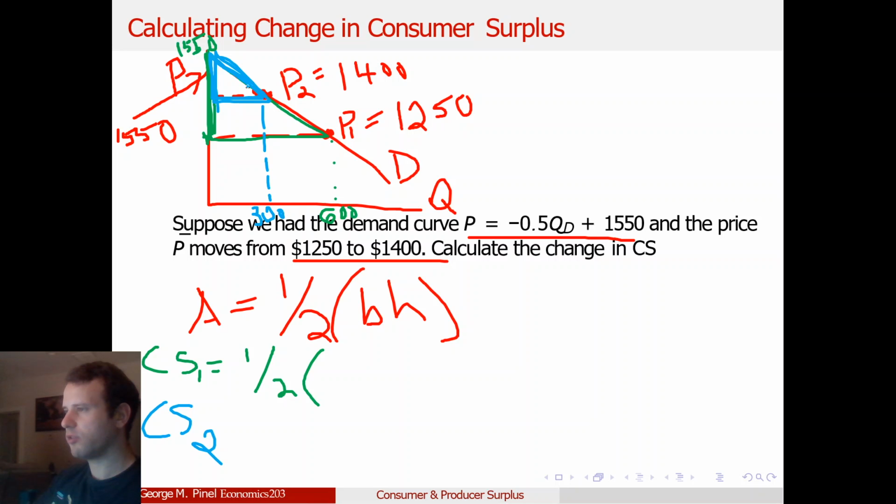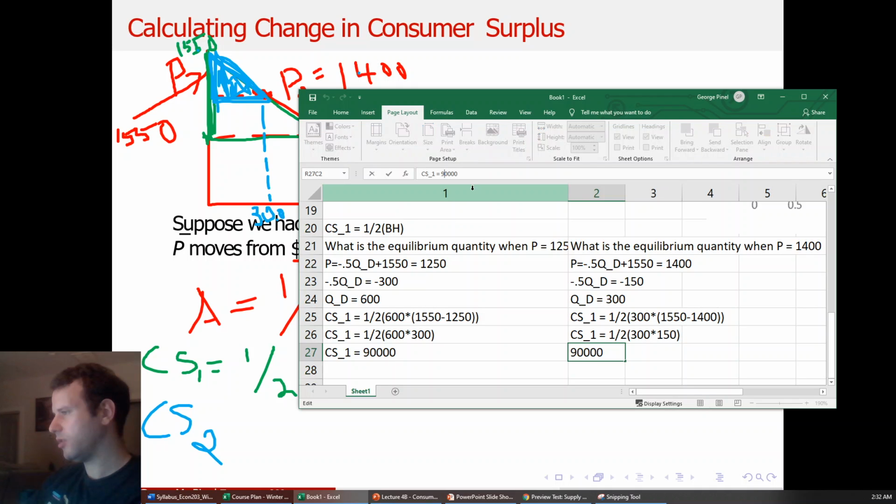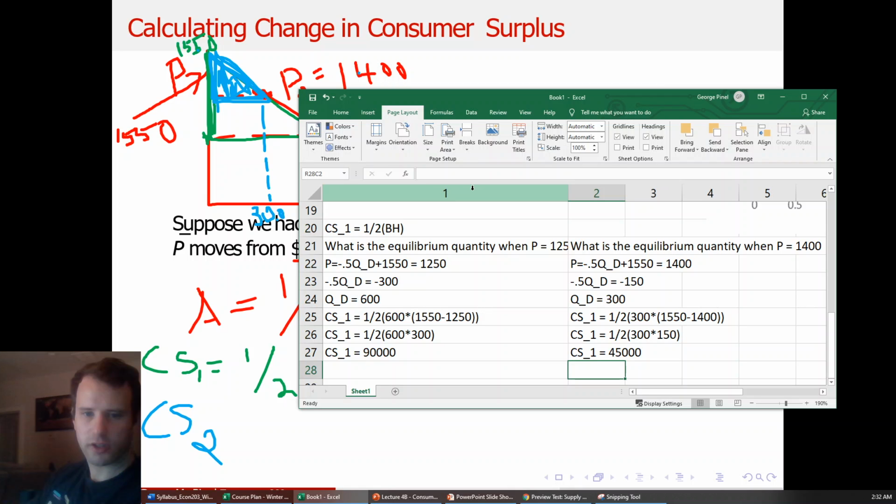We want the area of this blue triangle, which would be 300 times 1550 minus 1400 times 1/2. So this will now be 300, and the height is down to 150 because it's 1550 minus 1400, and you'll have 45,000. So consumer surplus has gone down from 90,000 to 45,000.